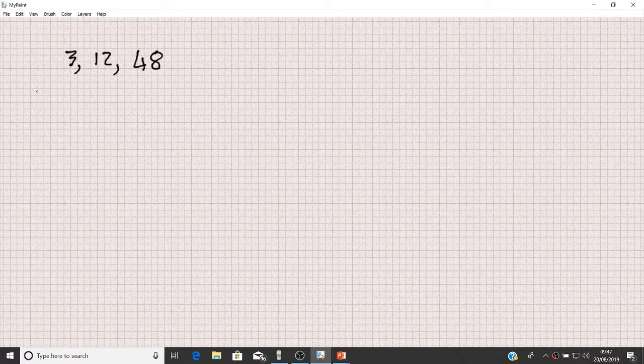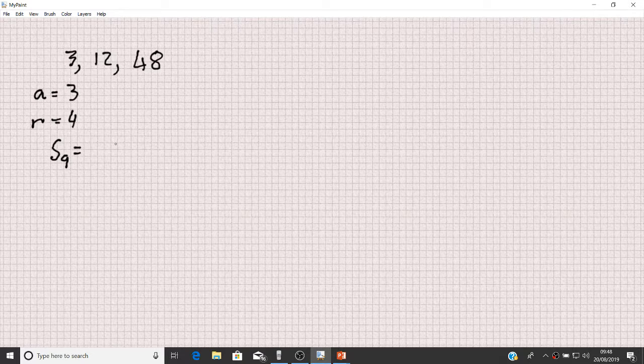As always, we'll start by clearly stating A and R, the common ratio. So R is 12 divided by 3, and that is equal to 48 divided by 12, so R is indeed 4. And we're looking for the sum of the first 9 terms, S9.